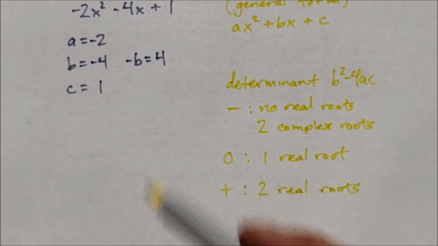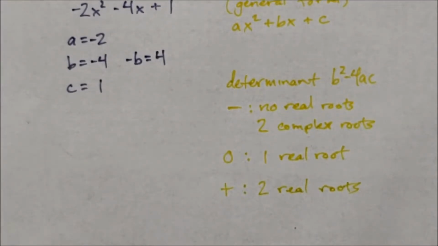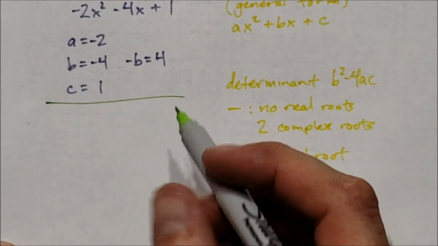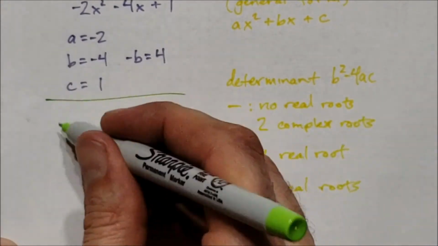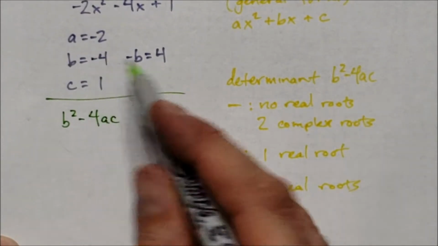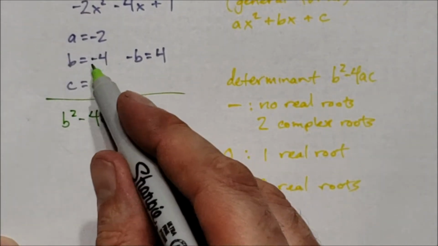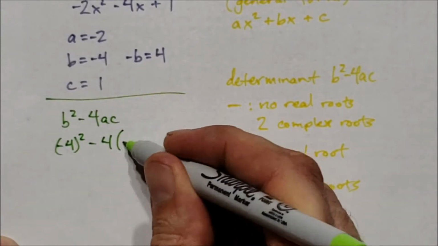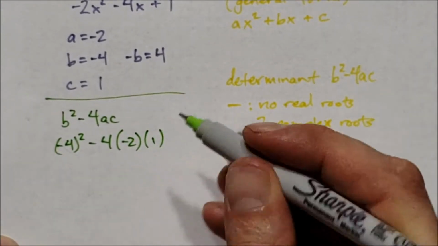All right, let's find out what the determinant is here of our negative 2x squared minus 4x plus 1. So our determinant, b squared minus 4ac. b squared is negative 4 quantity squared, minus 4 times a, which is negative 2, times c, which is 1.